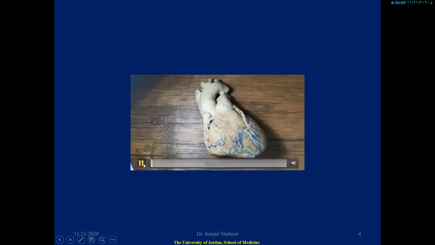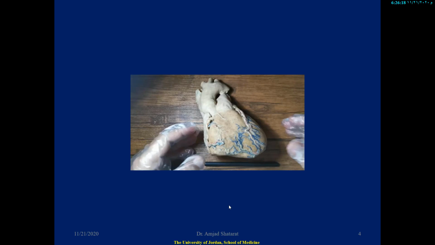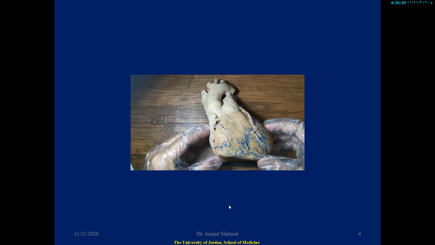So let's talk about the external features of the heart, and let's talk about the surfaces, borders, and the apex, the base of the heart. Here we have the heart as if it is within the living subject lying on its back.